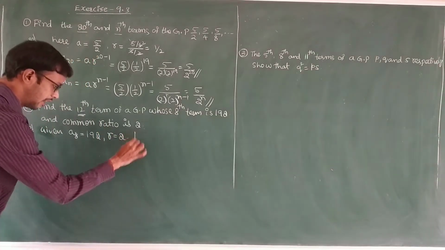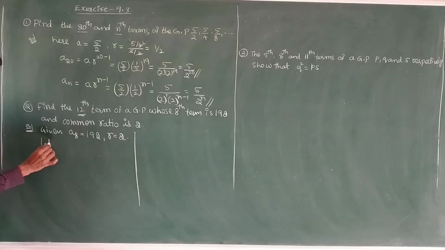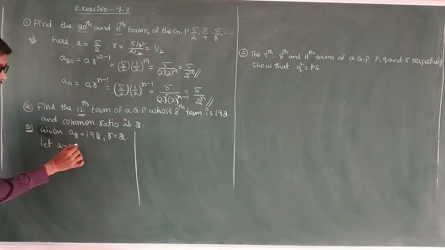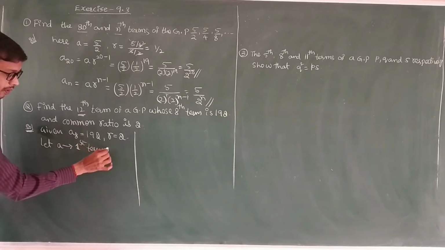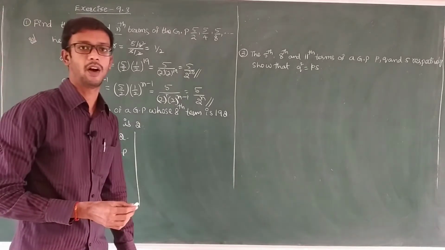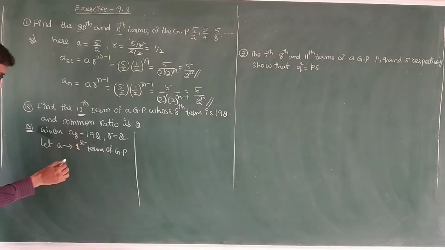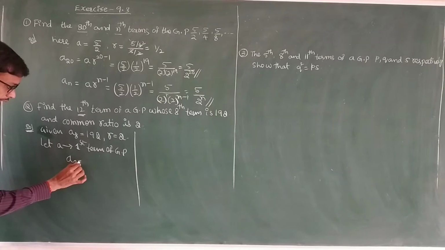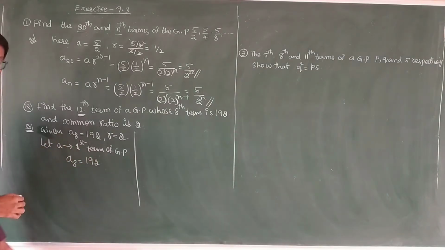So I take here, let A be the first term of the GP. So A8 is equal to 192.